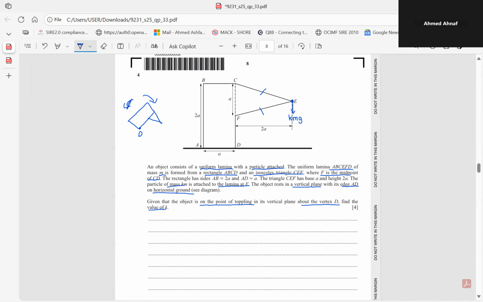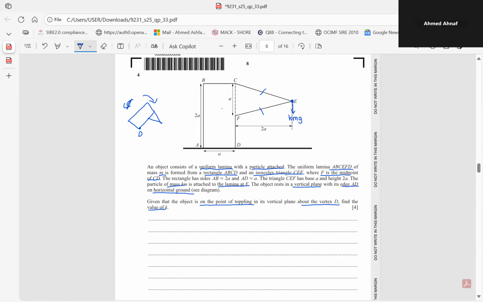As I said earlier, we have to find the moments acting on this. So let's first find the forces acting on this.